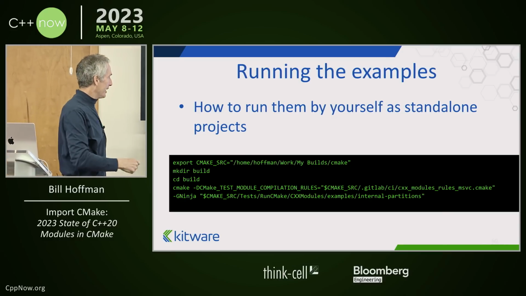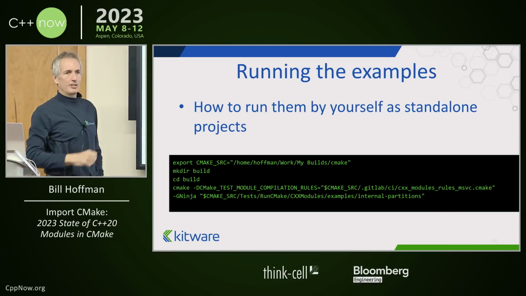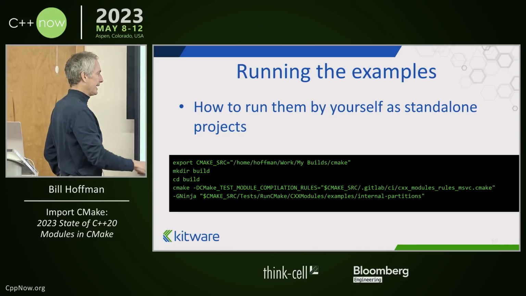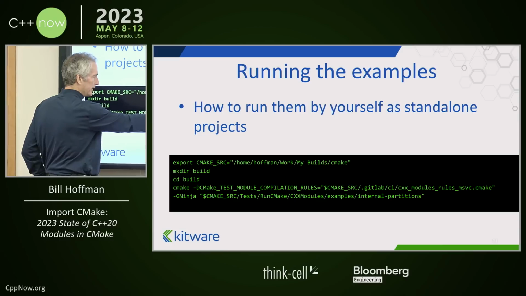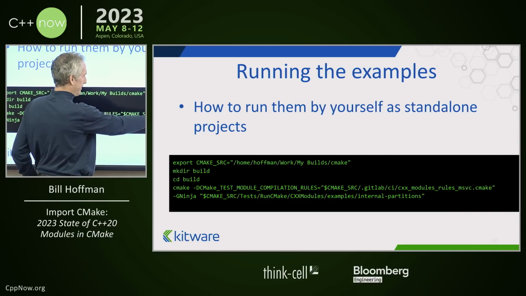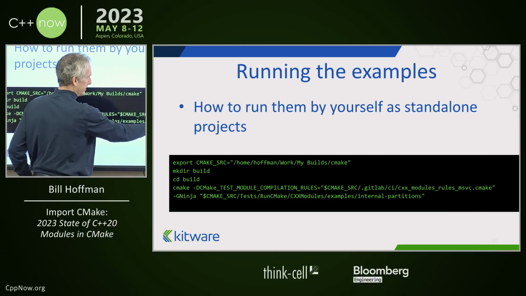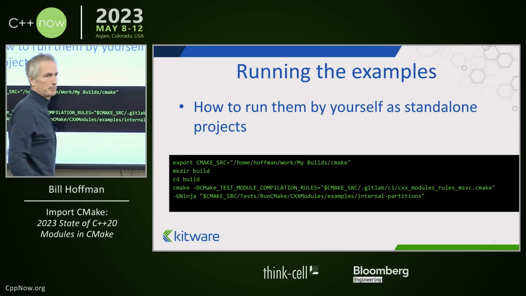Anyway, so just anywhere on your disk, you create a random build directory, and then I run CMake -D CMake test module compilation rules. Remember we talked about that? And then you point inside your CMake source tree at your .gitlab CI, CXX module rules, matching your compiler.